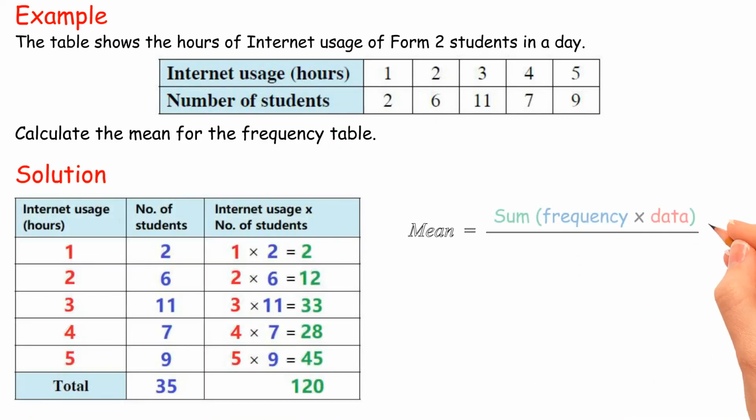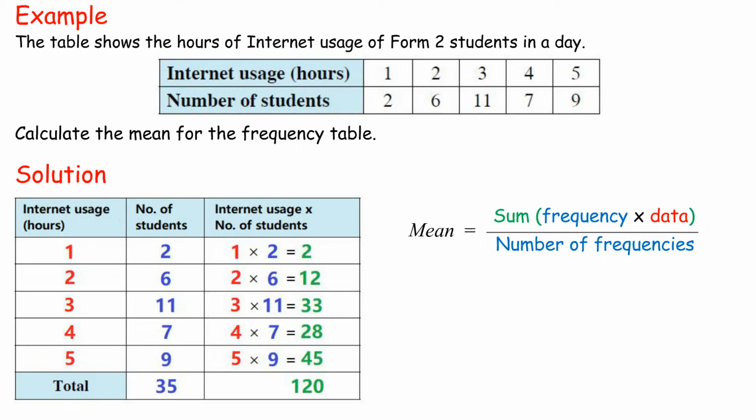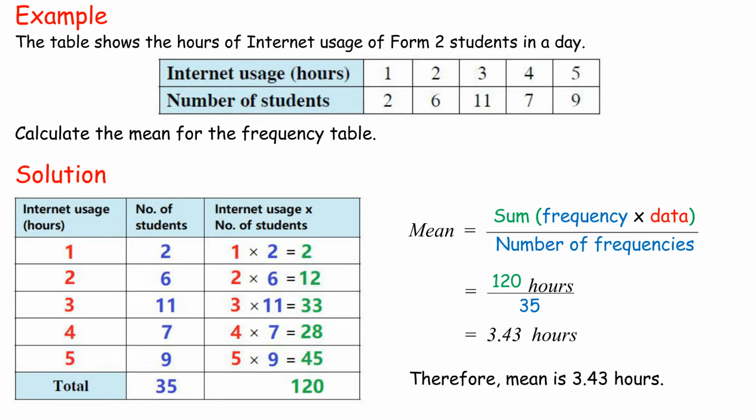Solution: mean equals sum of data times frequency divided by number of frequency, equals 120 hours divided by 35, equals 3.43 hours. Therefore, the mean is 3.43 hours.